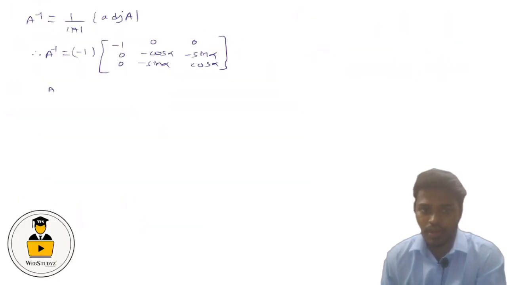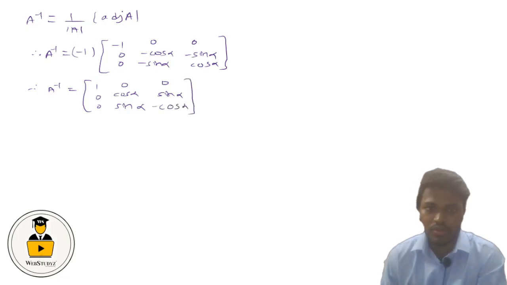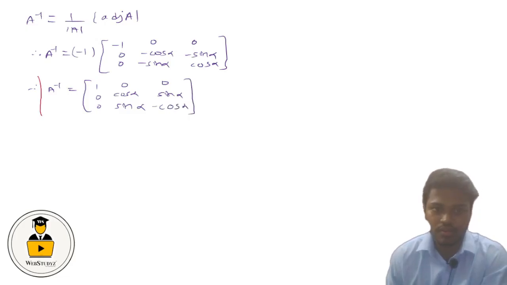Now if we multiply this minus 1 inside, the inverse becomes 1 0 0, 0 cos alpha sin alpha, 0 sin alpha minus cos alpha. So this is our inverse of the given matrix.